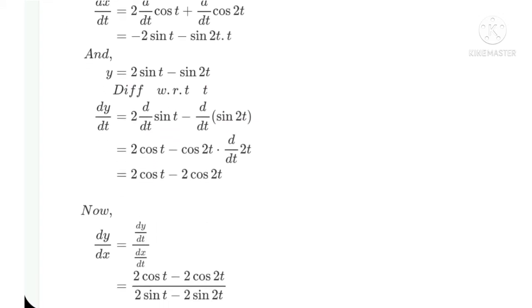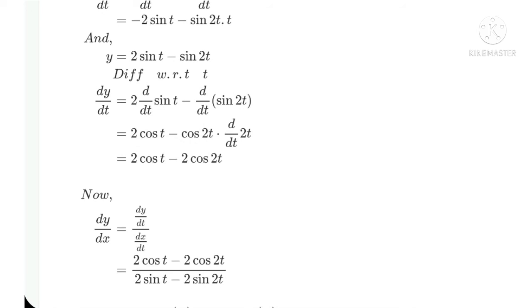So you get here also 2 as it is, derivative of sin t is cos t and derivative of sin 2t is cos 2t into derivative of again 2t. 2 cos t as it is minus derivative of 2t is 2, cos 2t. Now you find dy by dx is equal to dy by dt upon dx by dt. Substitute the values.